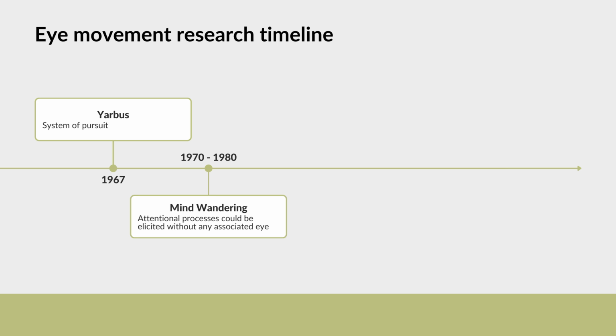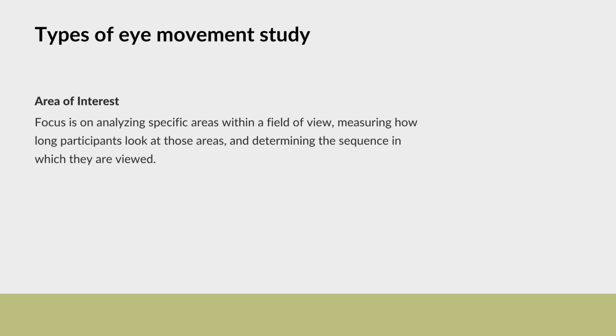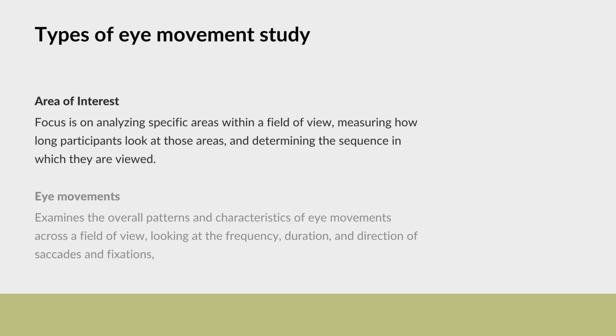Given these distinct observations about the patterns of movement of the eyes and their relationship to distinct cognitive behaviors, the interest in observing eye movements and relating them to cognitive behaviors grew. 2 distinct areas of study grew, one which focused on areas of interest and the other which focused on eye movements themselves.